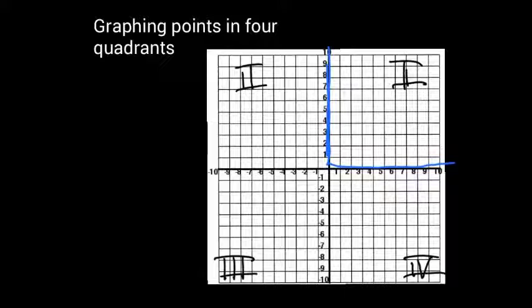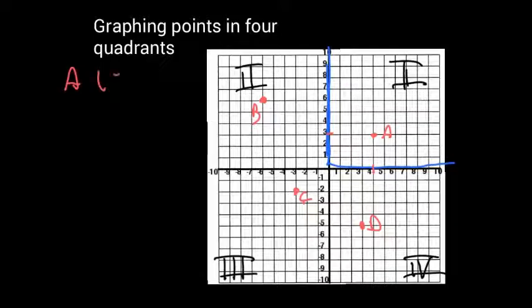Like I said, once you got past the first quadrant, we started working with negatives. So let's put some points on this graph and locate these points. We'll call this A, B, C, and D. For A, we're going to 4 on our x-axis and 3 on our y-axis.